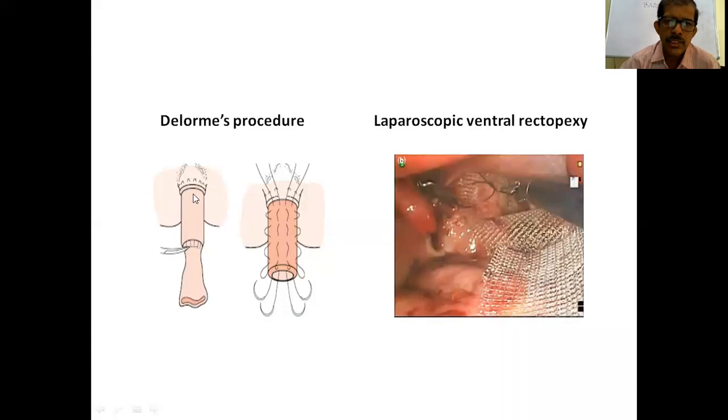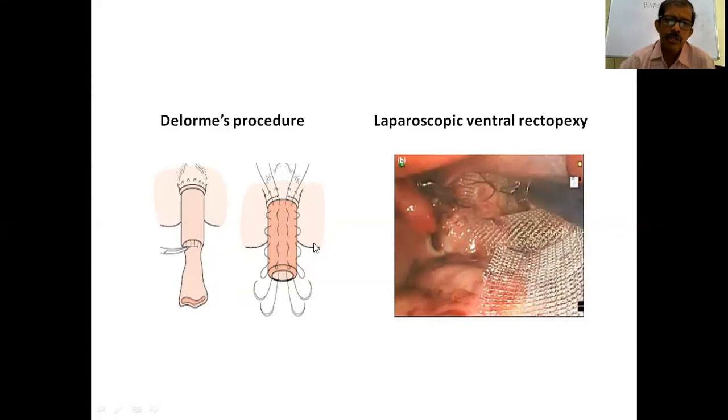You will, just like degloving we call, remove the mucosa from the muscularis. They have degloved the mucosa, and they have to cut this mucosa here and then pass these purse string sutures into the muscles of the prolapsed rectum like this, and then they will tighten it so that there is what is called the concertina effect.